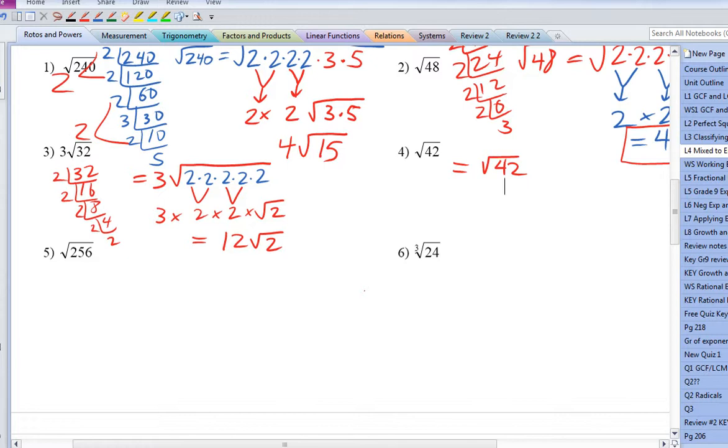For number 6, how do you do it when the index is 3? What are you looking for? Groups of 3 of the same number.